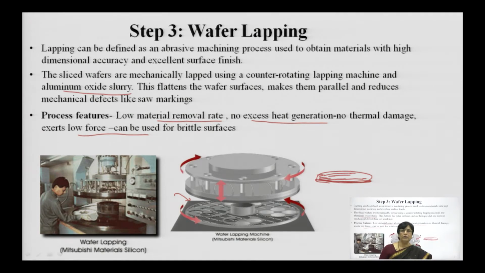Whenever you chop it, your surface is not plain, and in order to make it even, we carry out this particular process. The significance of this process is to make the surface uniform, clean, and with proper orientation. Even minor dislocations and irregularities will automatically get removed.